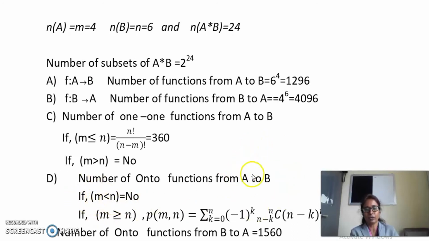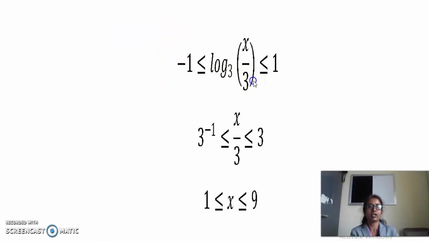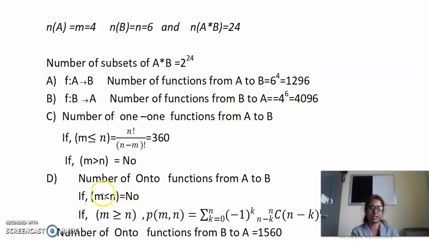If I have 4 elements in the domain and 6 elements in the codomain, then for it to be an onto function, by definition all elements of the codomain must be images. But 6 elements in the codomain means only 4 elements are connected to elements of set B, hence it will not be an onto function. So what happens if I have m less than n? It will not be an onto function.